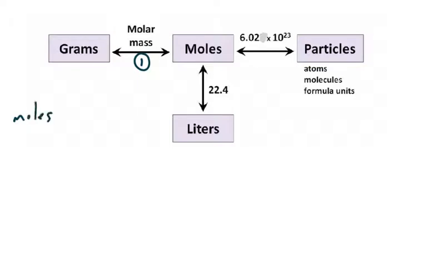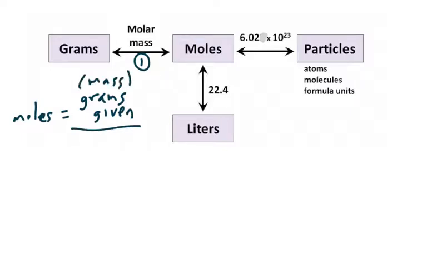Moles can be found by getting the mass, which is expressed in grams, so we'll call it the grams given, which is really the mass, and then you're going to divide that by the molar mass.